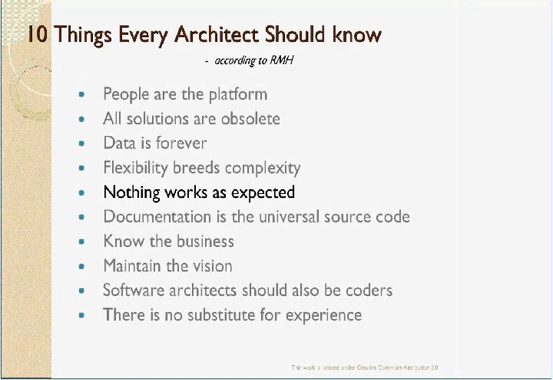Nothing works as expected. I don't know about you, but every time I go to Best Buy and come back with some electronic device or other, it's thrilling, but there's also a level of disappointment because it doesn't exactly work the way I planned. And that's one of the problems we have as architects: we get into the planning phase and we're looking at different technologies we want to use.